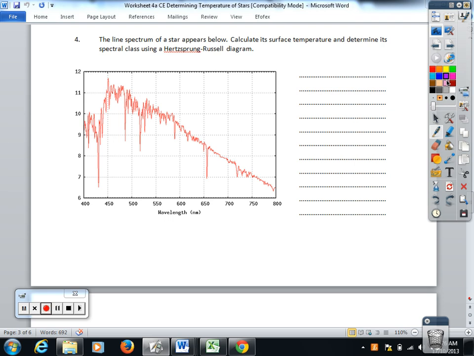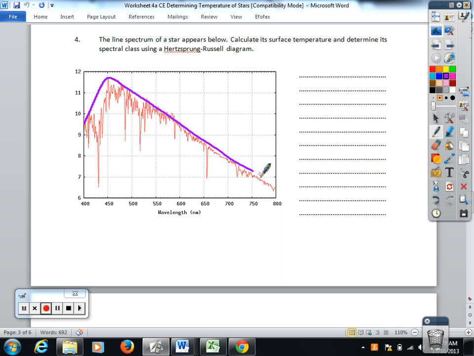Now, to use Wien's law, we need a continuous spectrum. So what you're going to do is simply make it a continuous spectrum. Can you see how doing that, you've got to actually be a bit more exacting than me. Let's see, just join the peaks and down. Is that better?